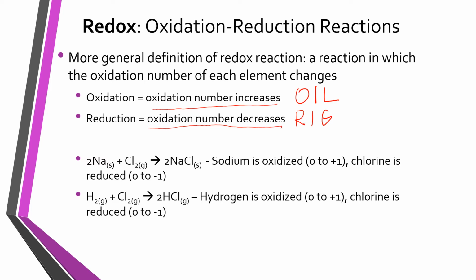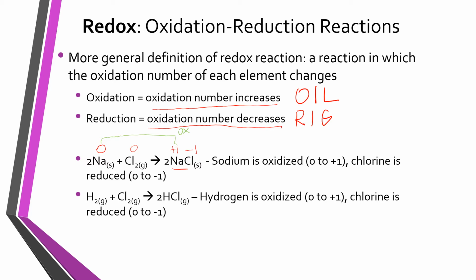So in this example, sodium is in its normal elemental state, so its oxidation number is 0. Chlorine gas, normal elemental standard state, so it is also going to be 0. But over here in sodium chloride, this is ionic, so its oxidation numbers are just its charge, so plus 1 and minus 1. So if we look, sodium went from 0 to plus 1, so it lost an electron, so it was oxidized.